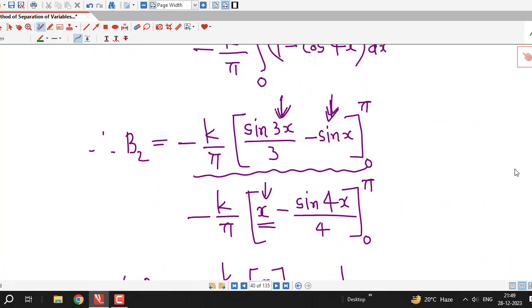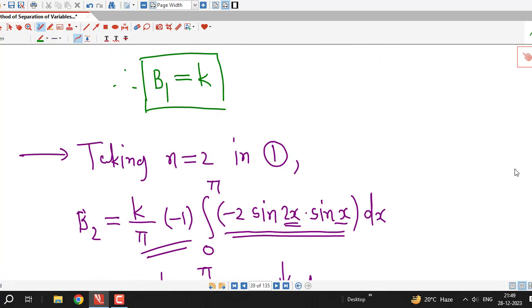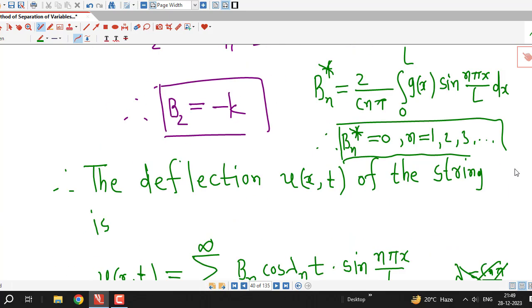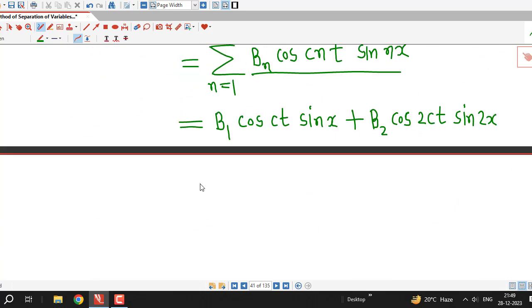And we have obtained that value of b1 is k and b2 is minus k. So that we substitute here. b1 is k cos ct sin x, b2 is minus k.